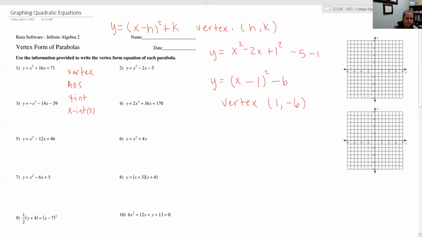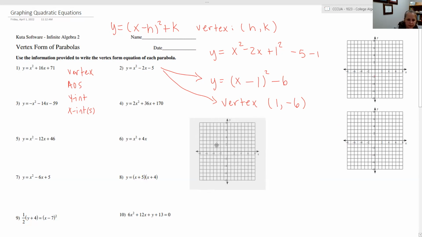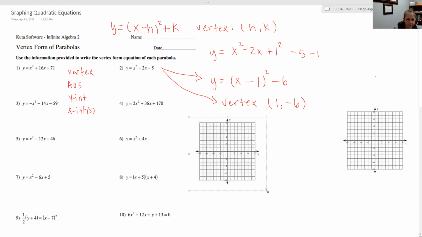Even though in this particular worksheet, they only asked us to put it in vertex form, we took it a step further and found our vertex, because where we're going with this is we want to graph these quadratic equations. And let's do that. Why not?